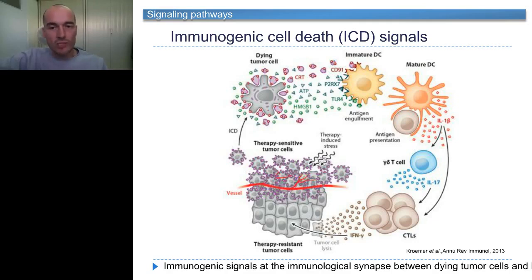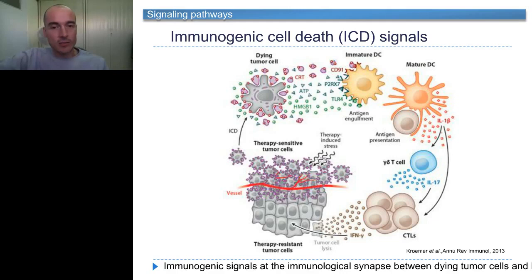All of these signals together are necessary to have the antigen transferred from the dying tumor cells into cells from the immune system, into dendritic cells. These signals are also necessary to confer a proper antigen handling within the dendritic cells.